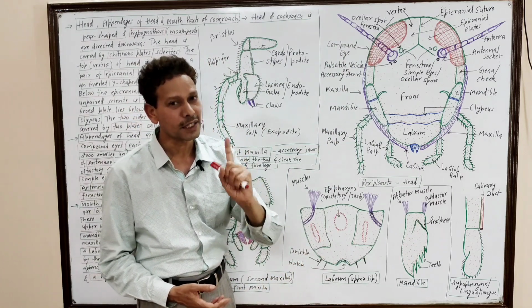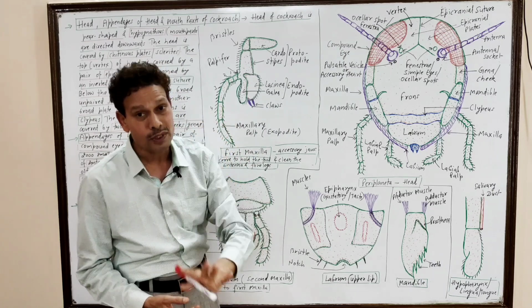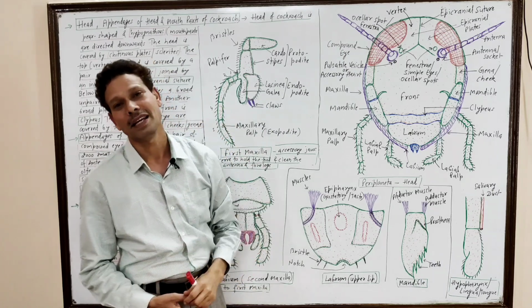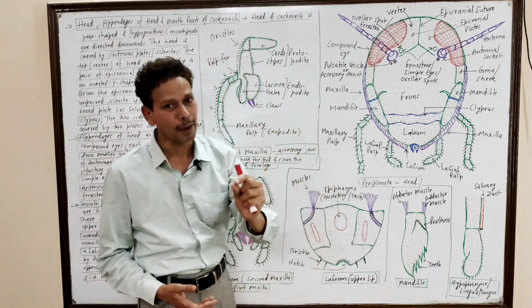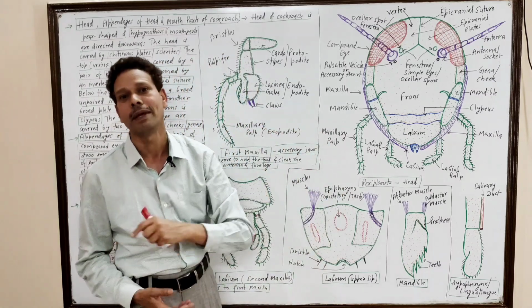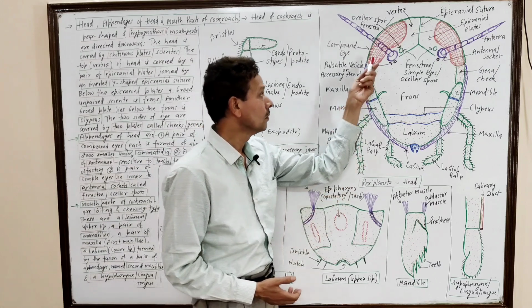Each eye consists of about 2000 simple eyes or ommatidia, and each ommatidium is capable of producing its own image.